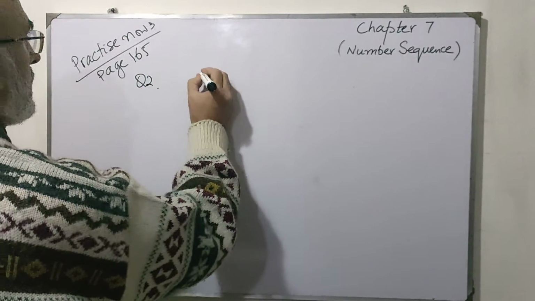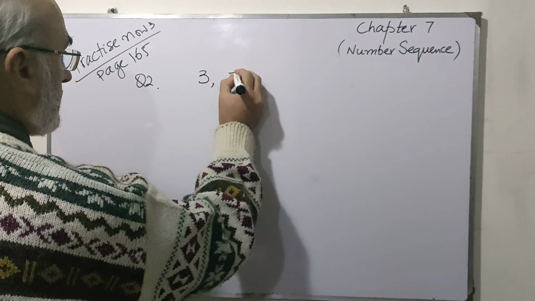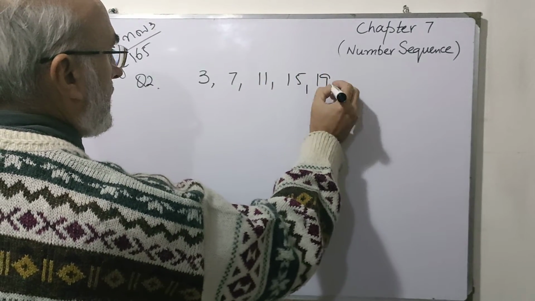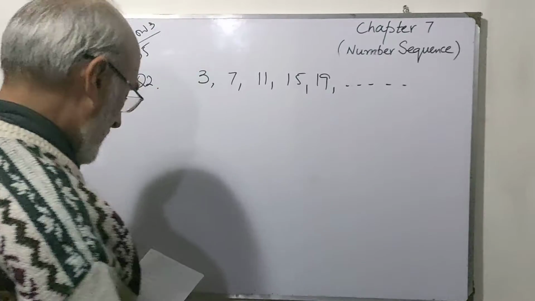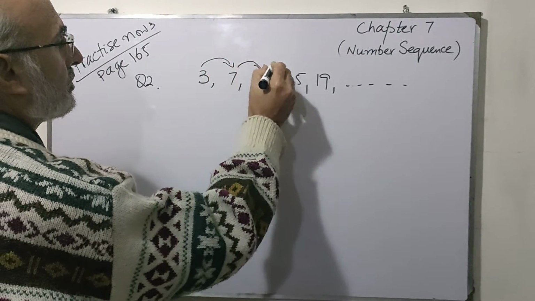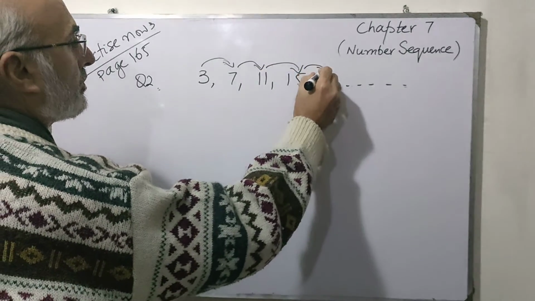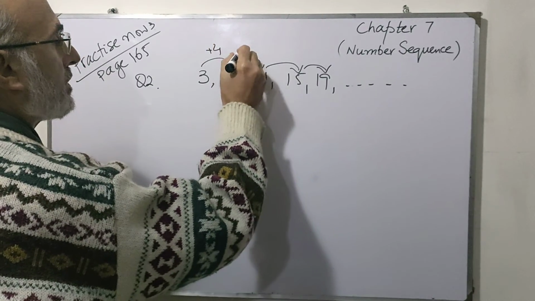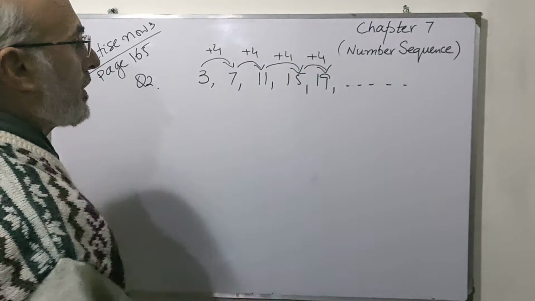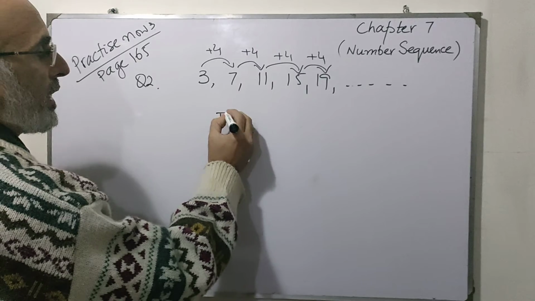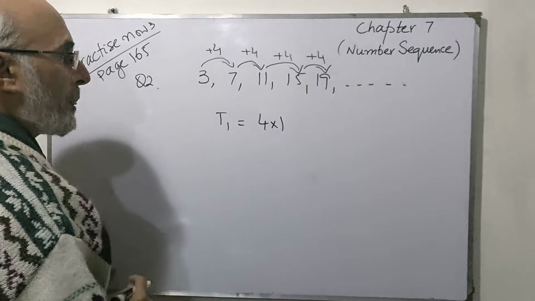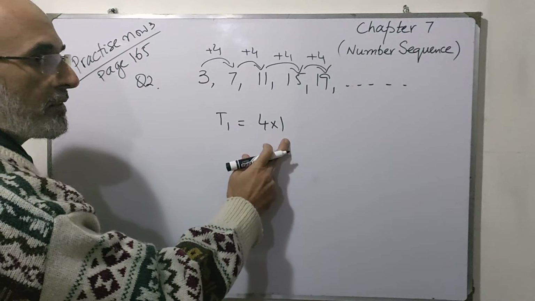Question 2, and the sequence is 3, 7, 11, 15, 19, and it goes on. The common difference is 4, plus 4, plus 4, plus 4. Now the T1 is 4 into 1, and we need 3. 4 into 1 is 4.